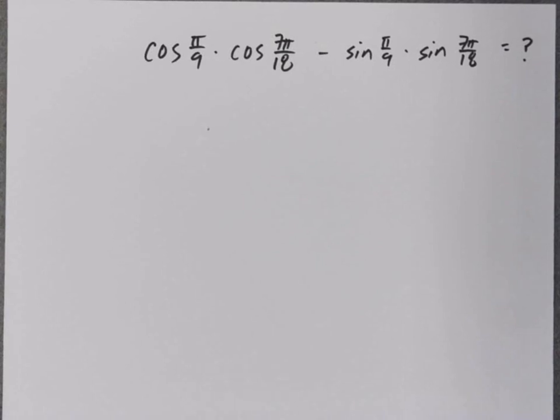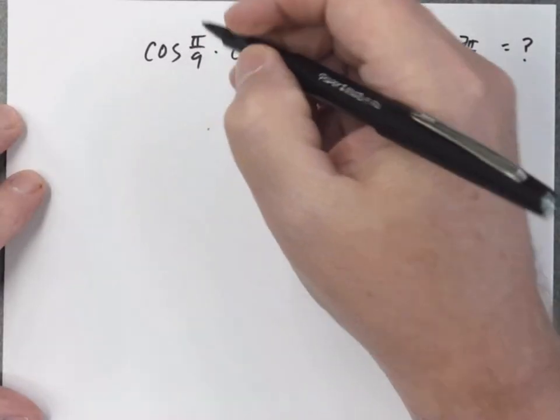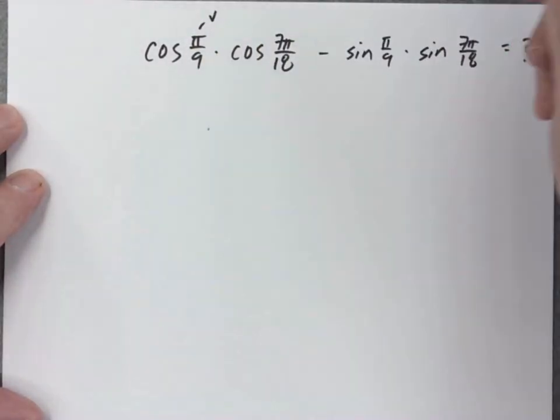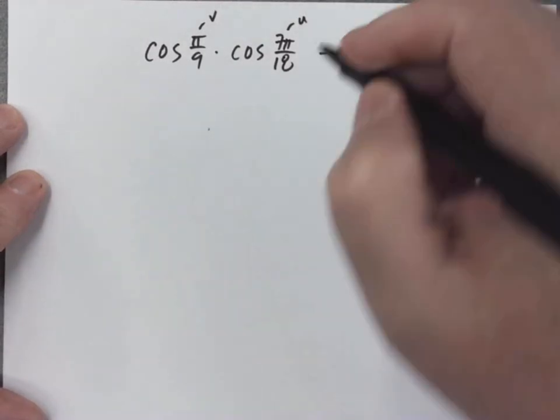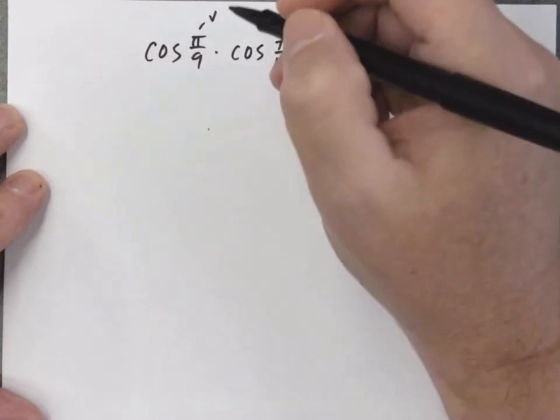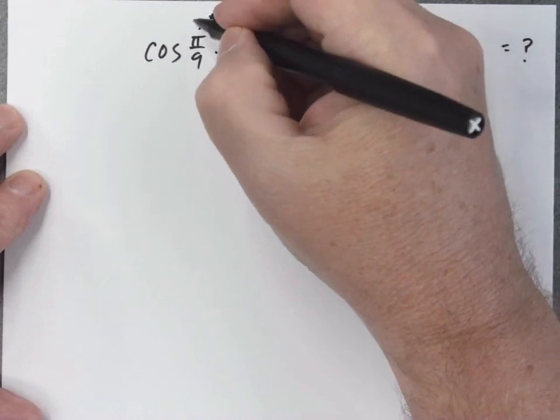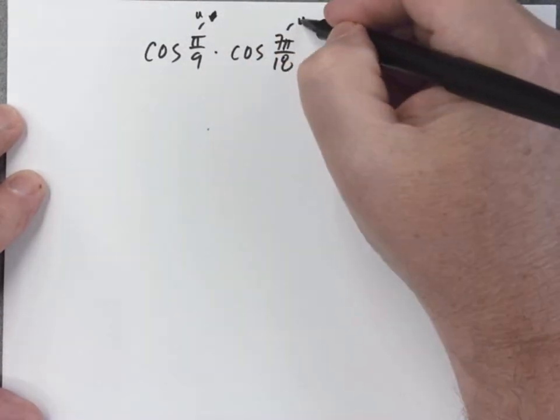Since my formulas are all written as u and v, let's assume pi over 9 is u and 7 pi over 18 is v. That's how they do it on the formula sheet.